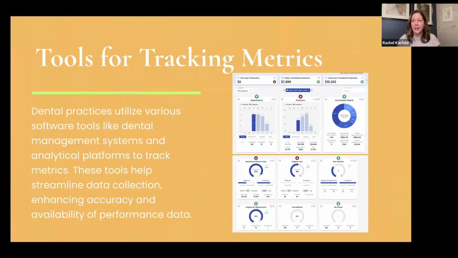Okay, so tools for tracking metrics. Like I said earlier, there's a lot of analytic software out there. I know even some of the dental practice management softwares out there have their own version of analytics. Everybody has a different amount of robustness to how they look at their analytics.